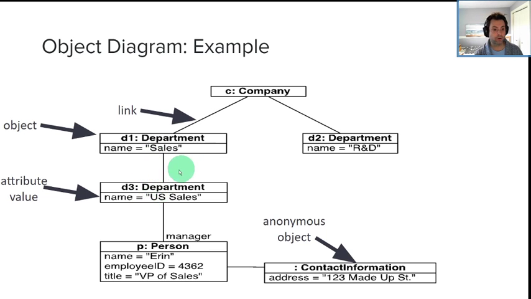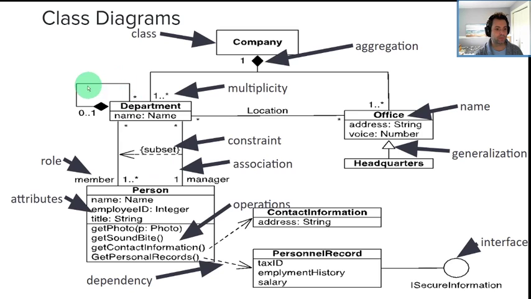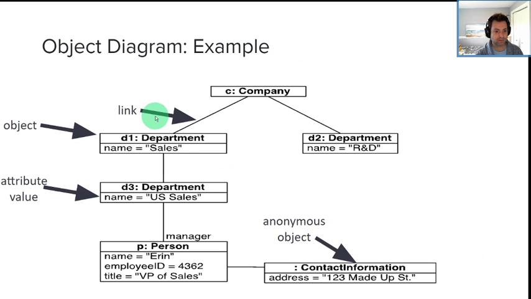So that's possible in our particular view, right? So we have this composition here where a department can be made up of multiple departments. We have our relationships here that we are seeing. Okay, so this particular department has one manager, right? We don't necessarily need to show everything, but here is a class person with the attributes filled in.